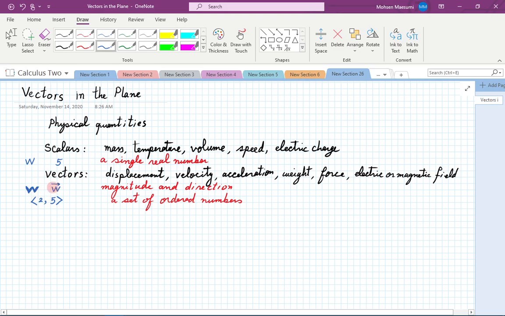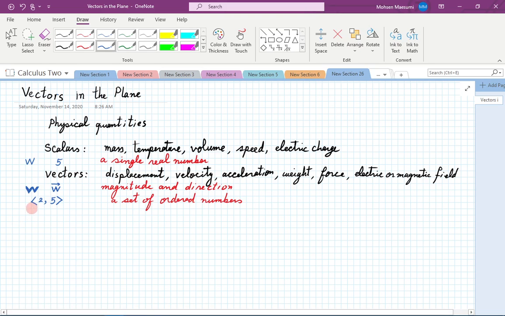Sometimes they show up with a little arrow on top of their variable name, and that would perhaps be more practical. Once we know what the context is and who is a vector and who is a scalar, we might use the same type of variable both ways so that our writing would not be overly crowded.